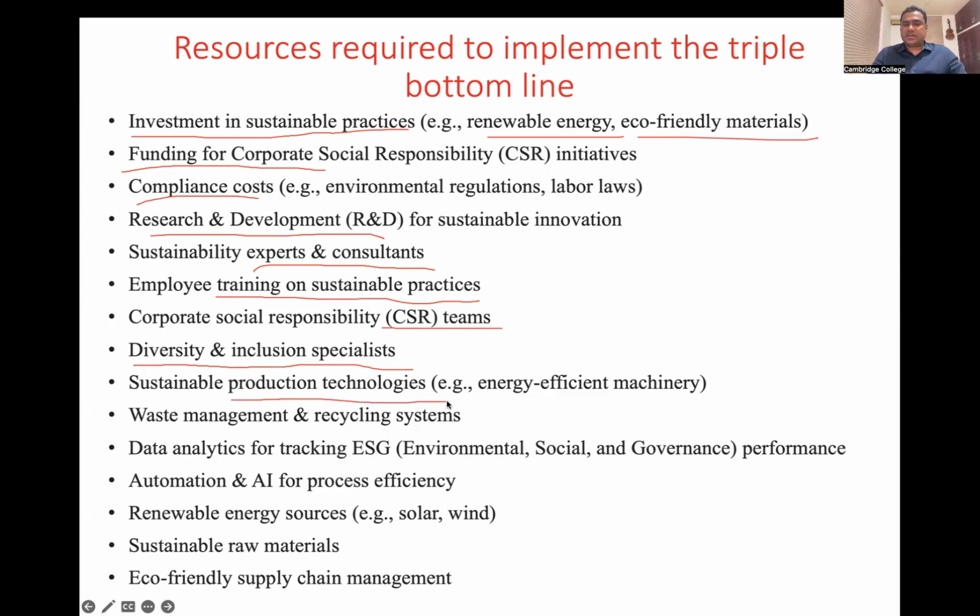Sustainable production technologies. Waste management, recycling, those machinery and equipment will cost a lot of money. Data analytics for ESG tracking. Automation, AI for process efficiency. Renewable energy sources like solar and wind will cost a lot of money.